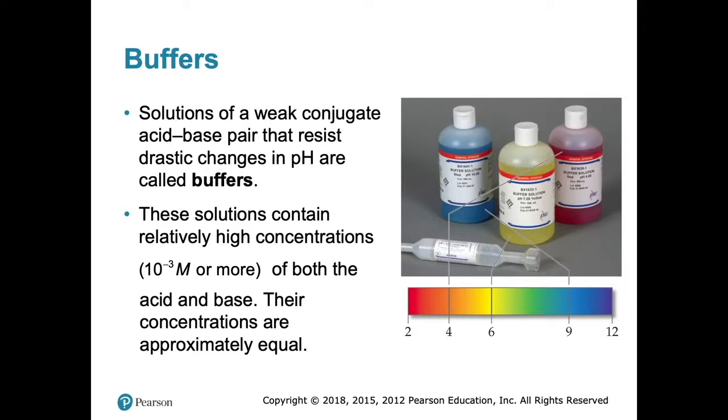You stick the pH meter into the buffer solution and you tell the pH meter, this is what it looks like to be pH 10, and then it goes okay. Then you do it again for pH 7, and again for pH 4.